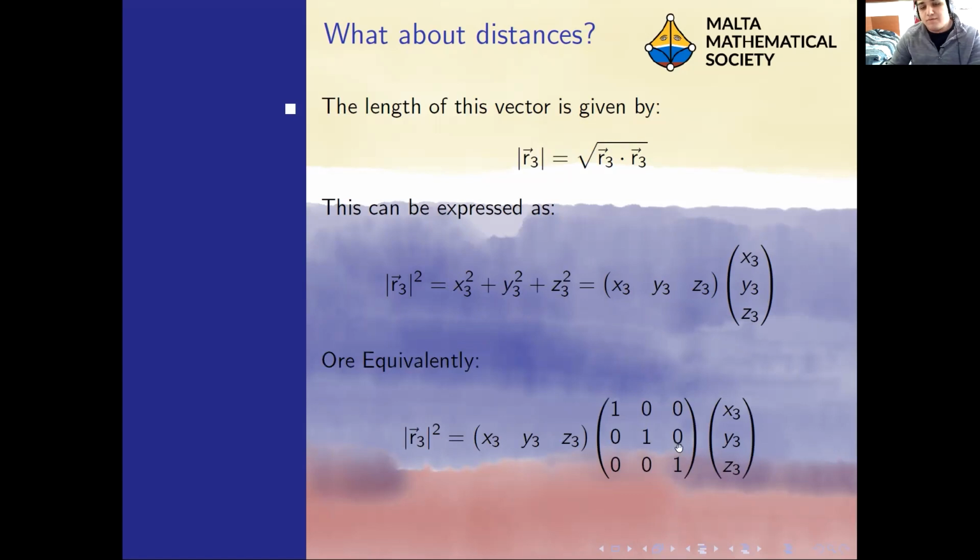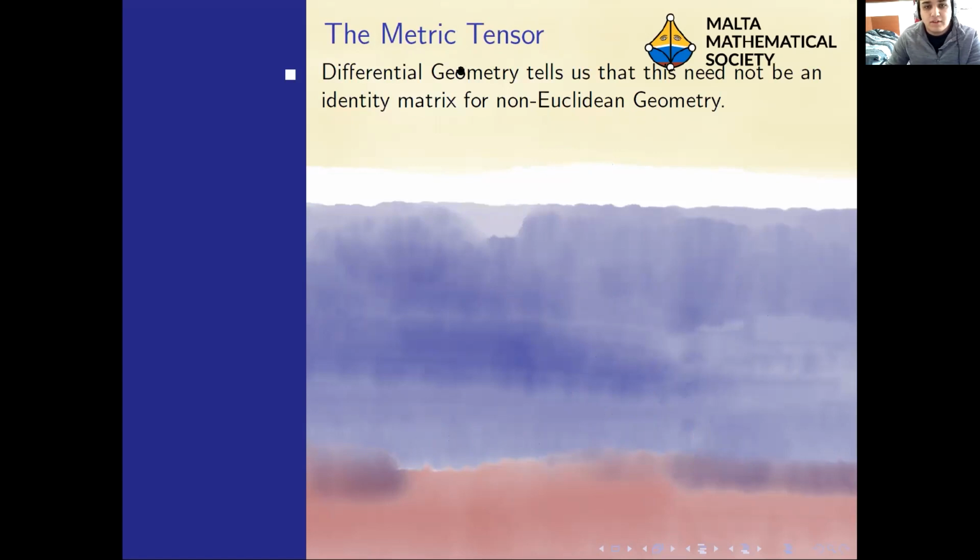The notion of non-Euclidean geometry, or rather differential geometry, which tries to explain non-Euclidean geometry, basically says, what if this matrix here was not an identity matrix? Well, that matrix has a name. We'll call it the metric tensor. I won't go into what tensors are, but it's just a name for now.